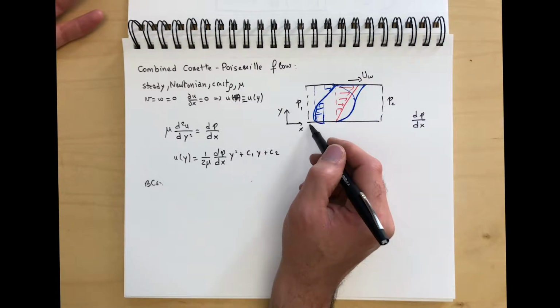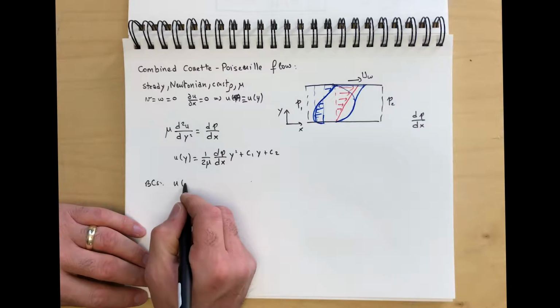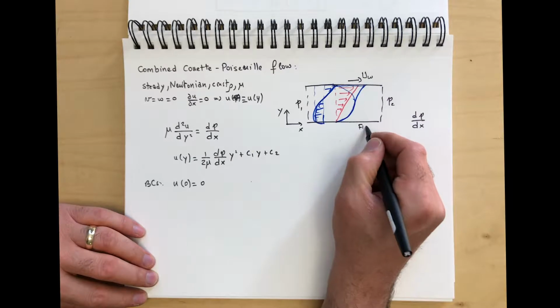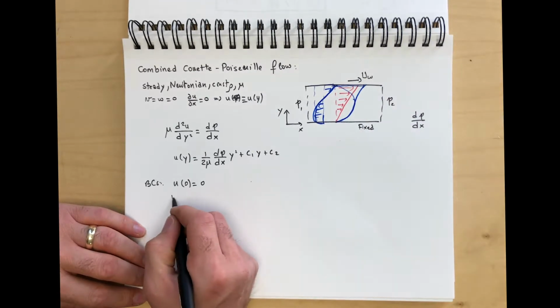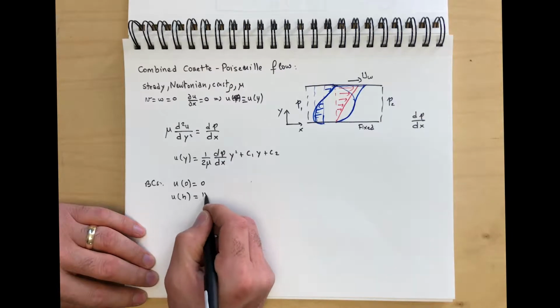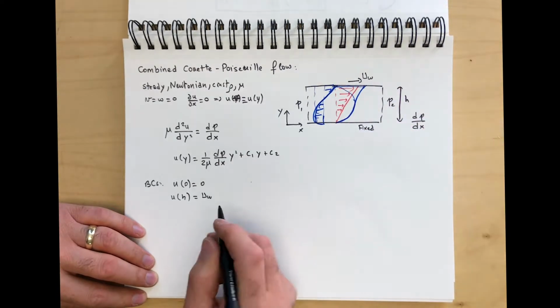So we're just going to place the origin at the bottom of the channel. So over here, u at y equals 0 is 0 because the bottom plate is fixed, and u at the upper plate, u at h, is equal to u wall. Assume that the height in this case is h.